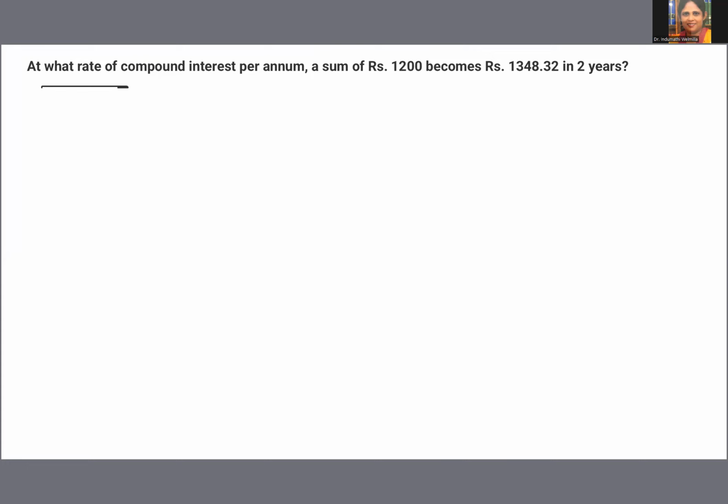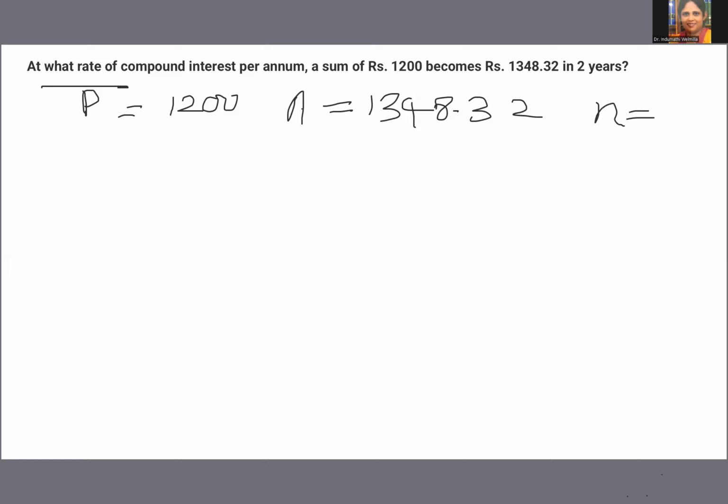What information is already available? Principal amount P, we have the rupees, and we also know A, the total value, and the time N. What they ask is the rate, that means R, the interest rate.